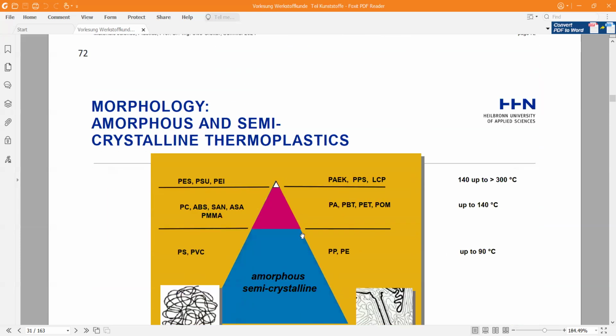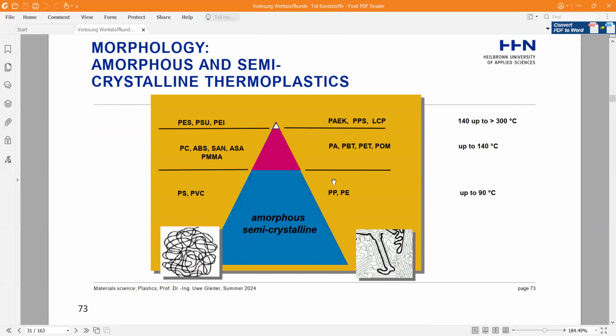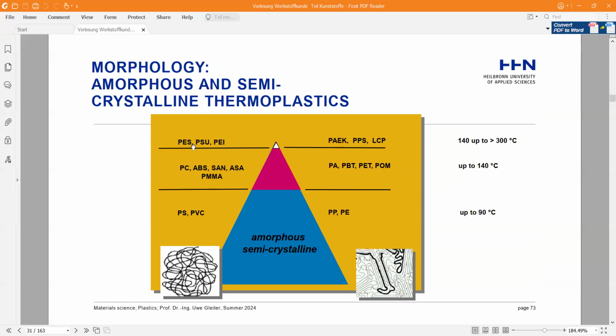Morphology for amorphous and semi-crystalline thermoplastics. In the amorphous group, we have the highest temperature materials PSU, PES, PC, ABS, SAN, ASA, and PMMA, and the lowest temperature PS and PVC.